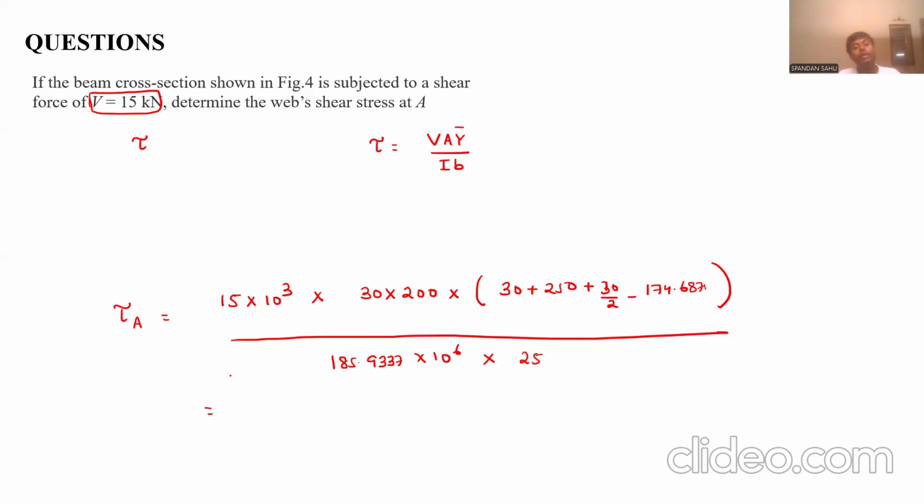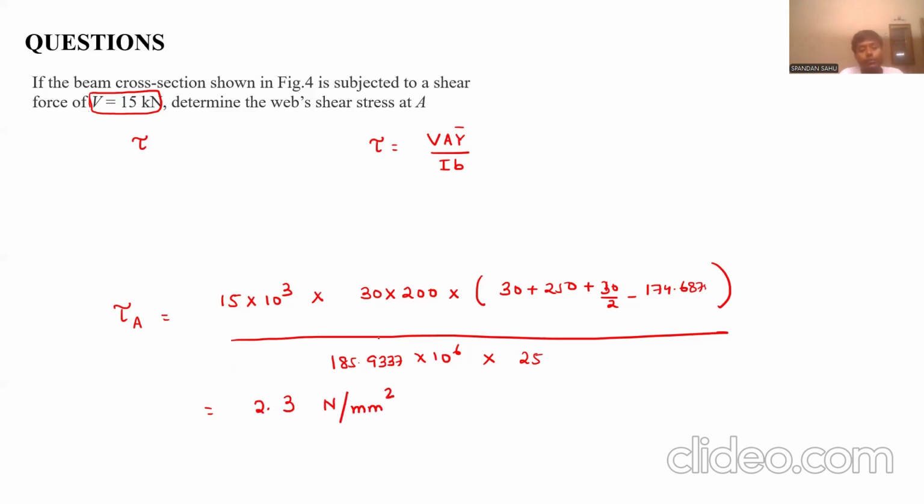So now calculate this. 15 into 10 power 3 into 30 into 200 into how much? It will be 2.3 Newton per mm.